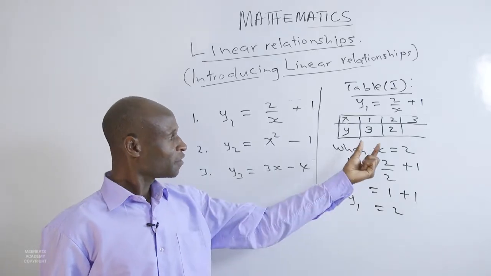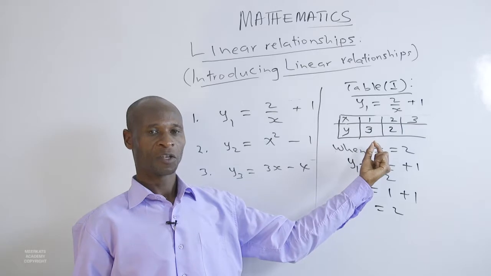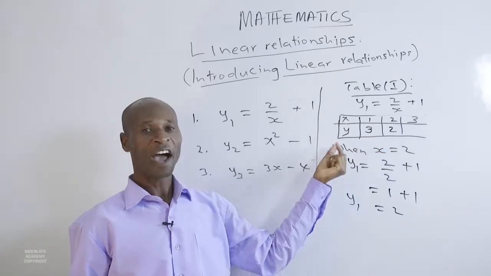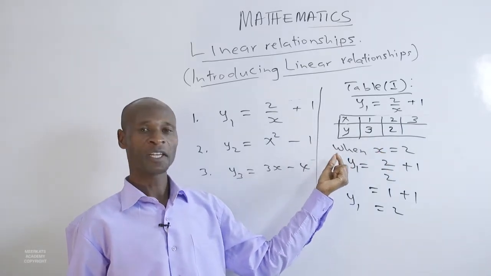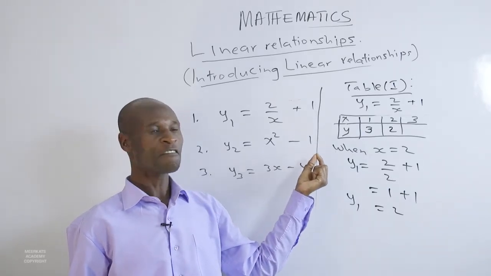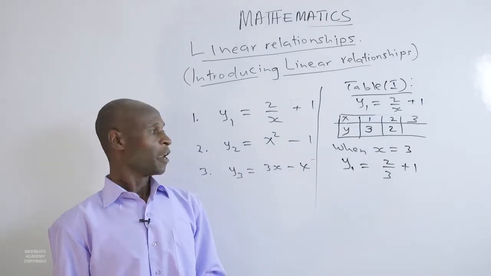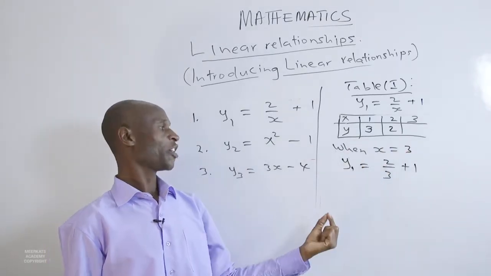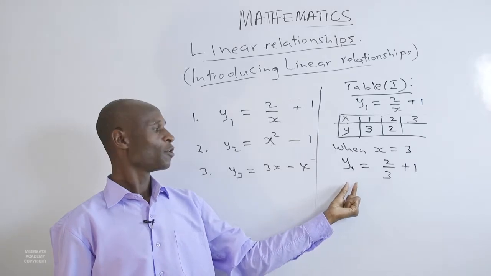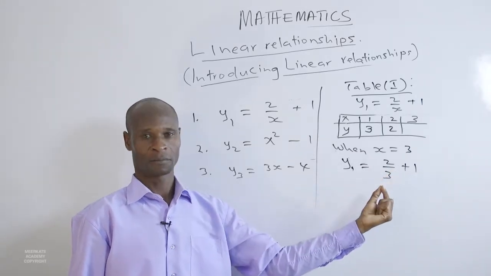Now, the last value is 3, when x is 3. So class, we need to find out what will be the corresponding y value by substituting the same value x is 3 in our first rule. Now, when the x value is 3, the y value is 2 divided by 3 plus 1.